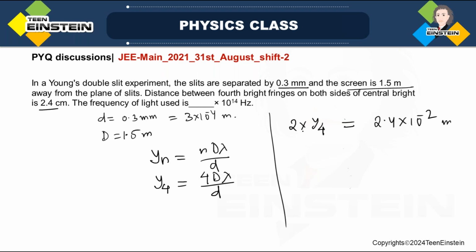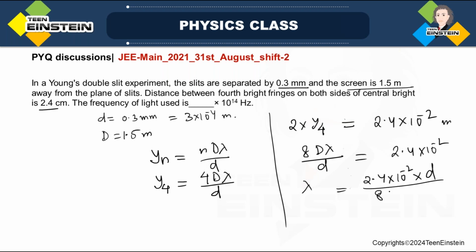Okay, so y fourth we know, right? So this will be then 8 d lambda by small d, both are given here. So lambda will be 2.4 into 10 to the power minus 2 into d by 8 D. So 2.4 into 10 to the power minus 2.